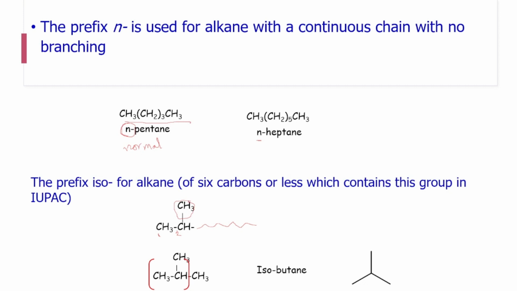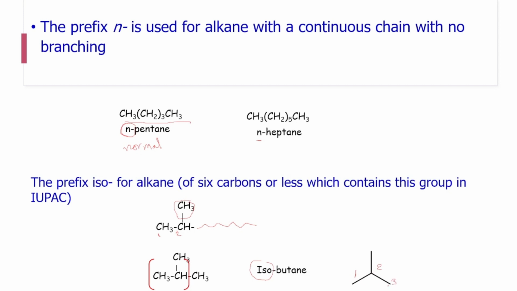So if I have a methyl group at carbon number 2 of the hydrocarbon, this hydrocarbon is no longer a straight chain only. There is a branch on carbon number 2. In this case, I add the prefix iso just in front of the alkane name. For example, if I have butane, this is 1, 2, 3.